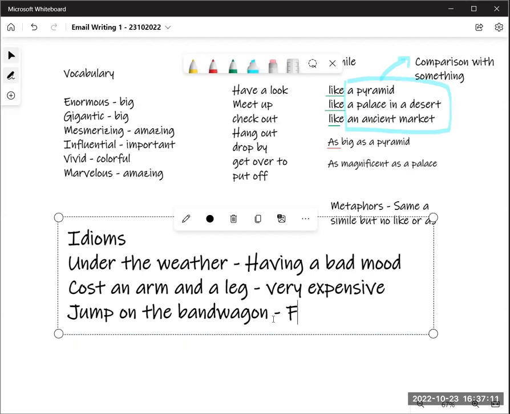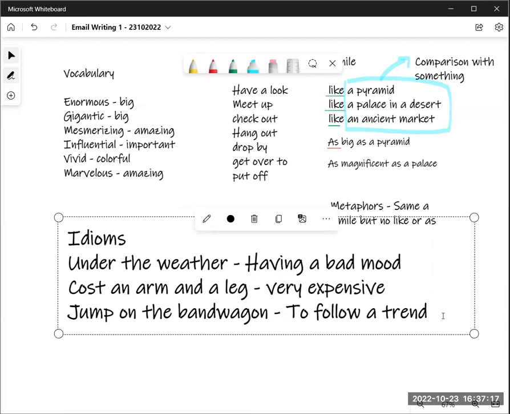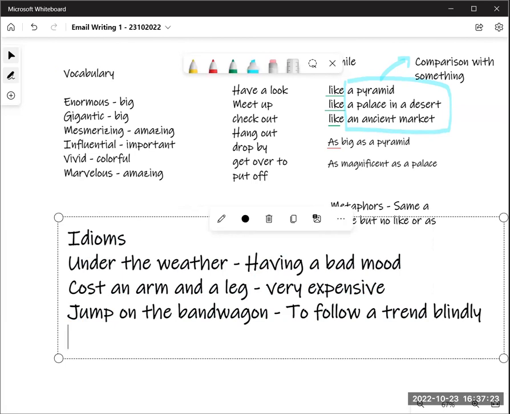To follow a trend, let's say blindly. Just one more, let's say, miss the mark, to fail.